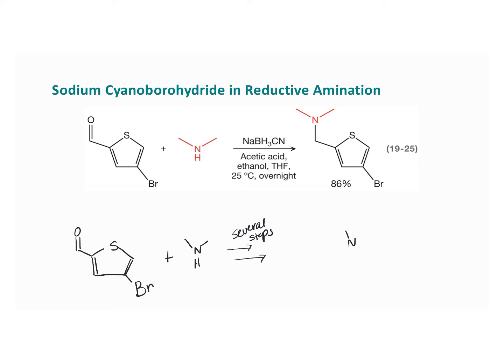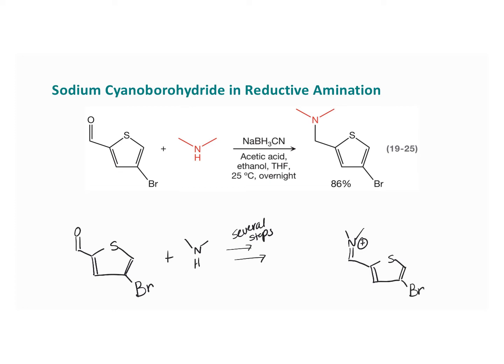Oh, I put hydrogens there. Those are not hydrogens. They're just CH3 groups, sorry. And so that would be a positive charge because it's got 4 bonds. Comes here, and we still have the rest of that sulfur group there, and the halide.